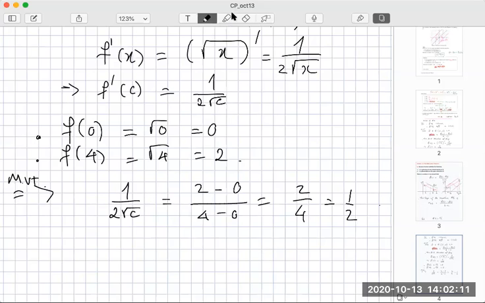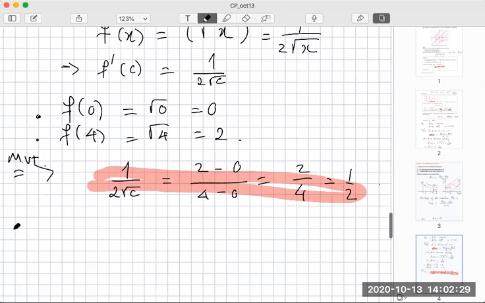We need to solve this equation, right? Yeah, I cannot hear you clearly, but we flip it first, right? If we flip both sides of the equation. Or if you multiply, yeah, there are many ways, you cross-multiply both sides. And it simply gives us 2 square root of c will be 2, right?